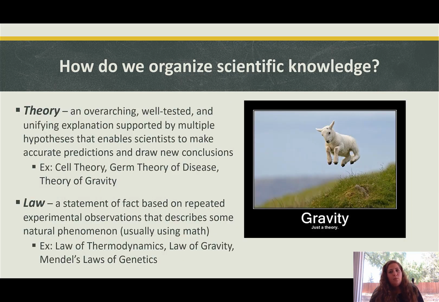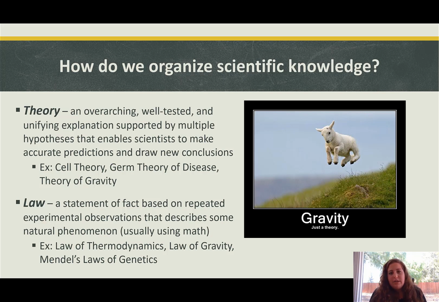Now, here's one of our ways of organizing scientific knowledge that really gets people confused. There's a lot of misunderstandings about theories and laws. A theory in science is not the same thing as a theory that you might say, oh, I have a theory about that. It's not an idea. A theory in science is something heavily supported by evidence. It's an overarching, well-tested, unifying explanation supported by many hypotheses.